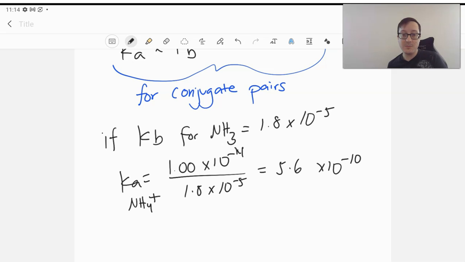What does this information mean to us? If we look at the numbers, we see one of them is bigger than the other, right? This is a way we can compare things. We can see from these numbers that ammonia is a much better base than ammonium is an acid.